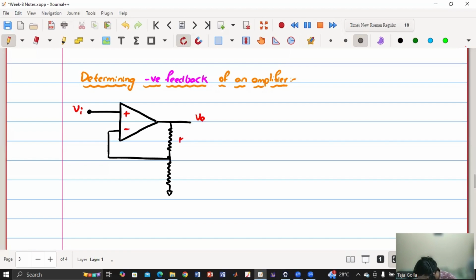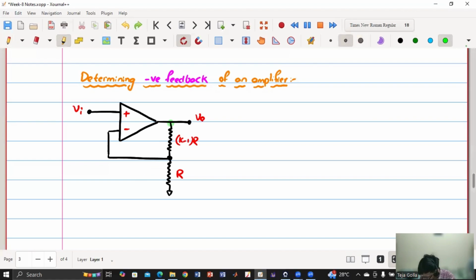This is K minus 1 into R, and this is R. So if we have such circuit, let's see what negative feedback means. The feedback voltage means the V naught to input. Feedback means something is feeding back. So from the output, it is again feeding back to the input. So basically something that is coming in return.